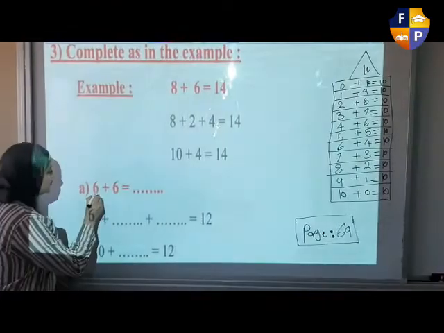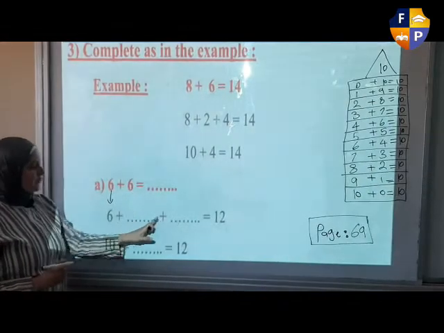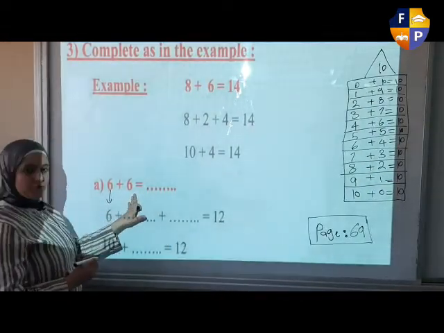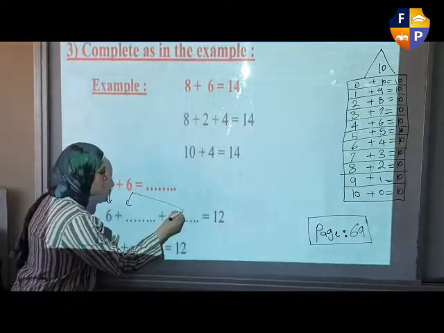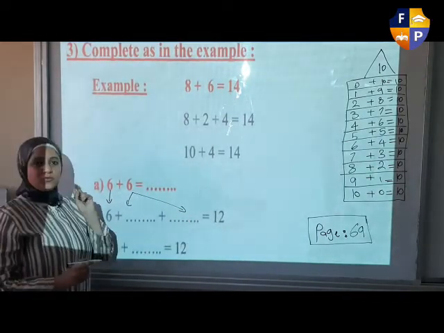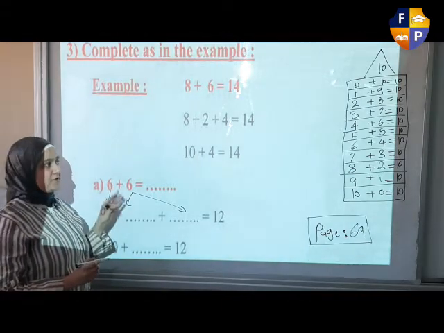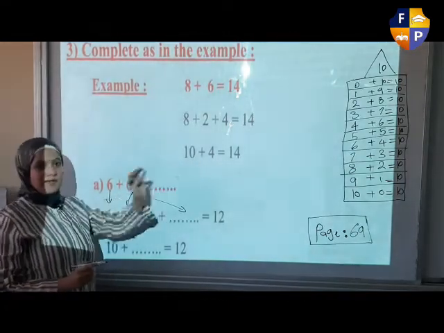Here I will drop the first number as it is, and I have two places for 6, so I will decompose 6 into two parts. I have two main mental strategies for decomposing numbers. The first one is using the family of 10.